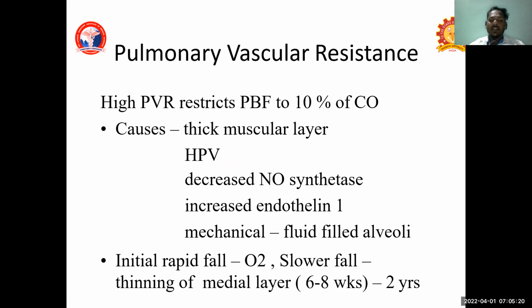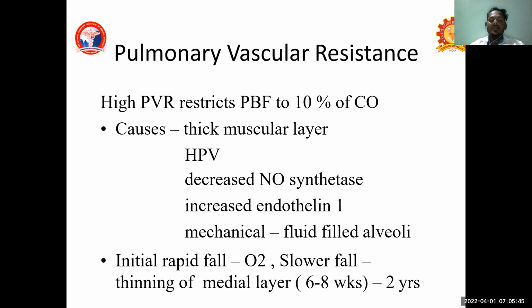Thick muscular layer, hypoxic pulmonary vasoconstriction, decreased nitric oxide synthase, increased endothelin 1, and mechanically fluid-filled alveoli also produce a high pulmonary vascular resistance.